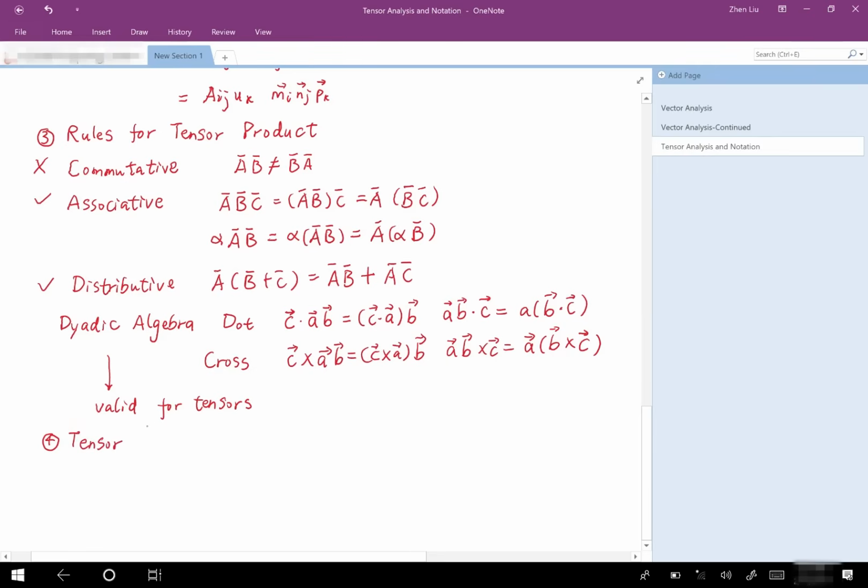So we know that the tensor product is also the outer product, and the dot product is also the inner product. We know that this is also actually the scalar product, right? So it has three names.